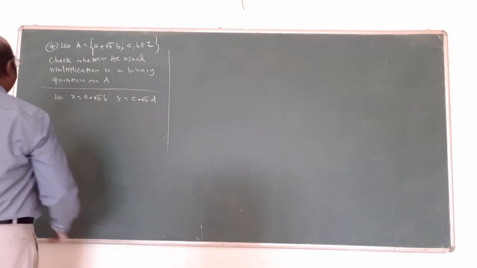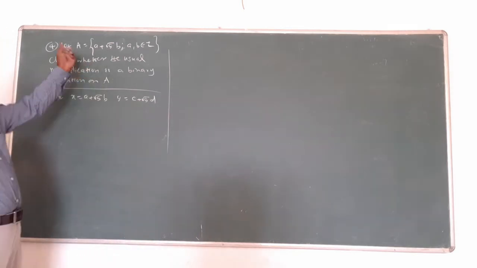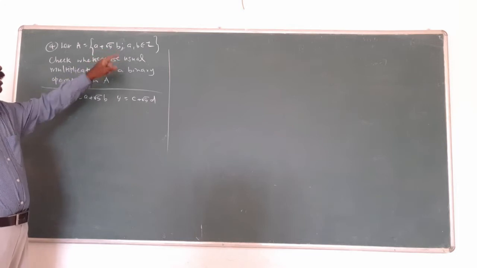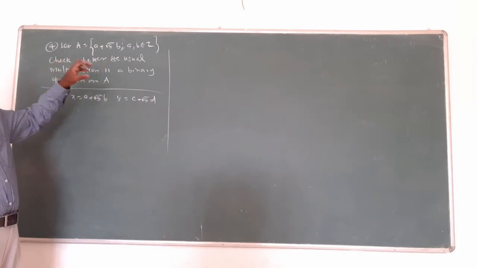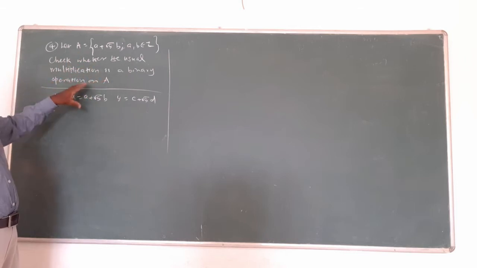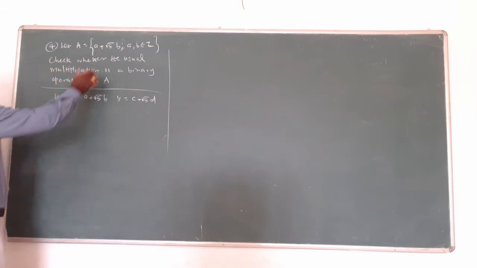Fourth question. Let A equal to the set of a plus root 5 into b, where a, b belong to Z. Check whether the usual multiplication, ordinary multiplication, is a binary operation or not. I want to assume this format.